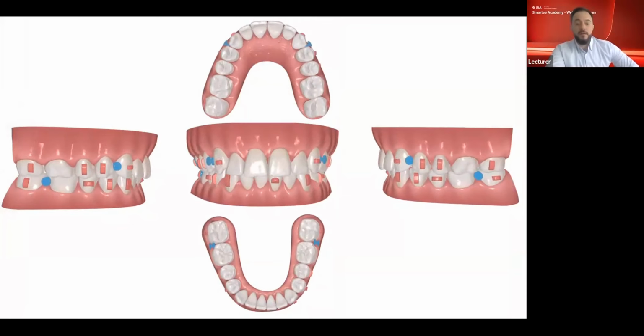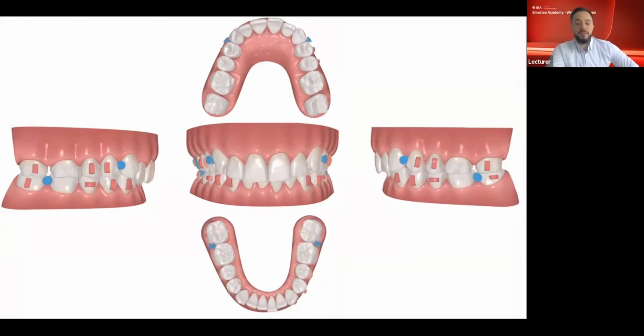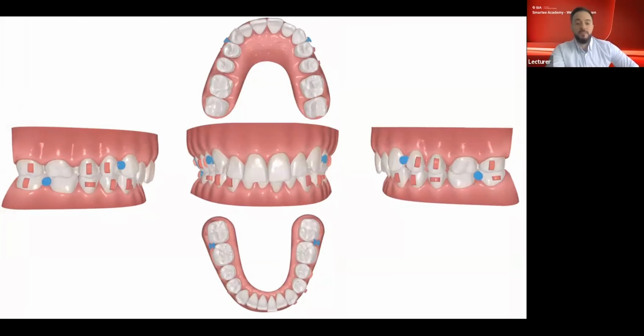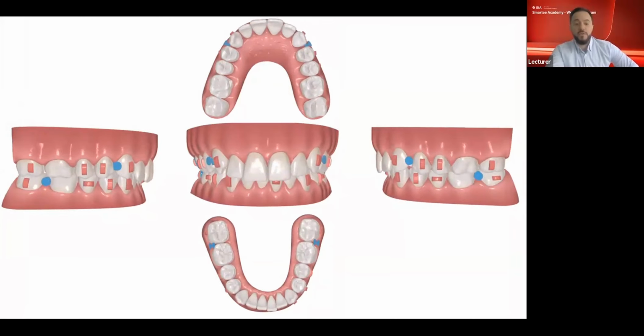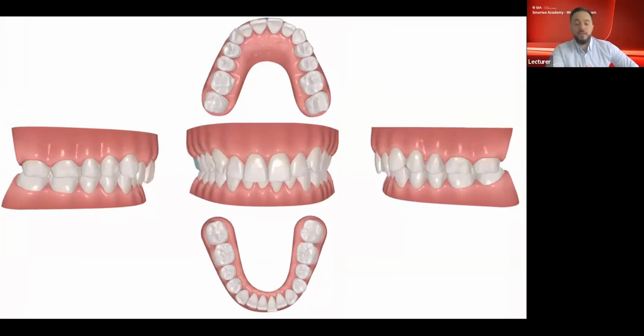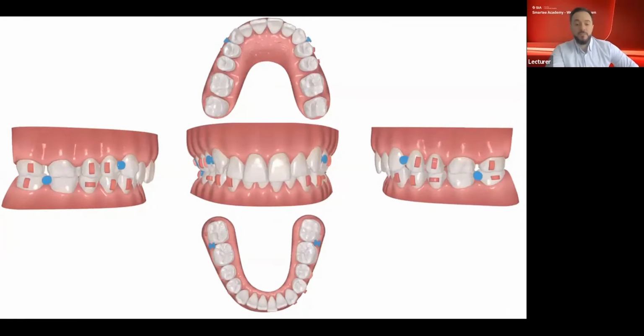The important factor to consider in this case is that before we do any retraction of the anteriors, we need to procline them first to avoid losing the anchorage and to avoid further retraction of the incisors.